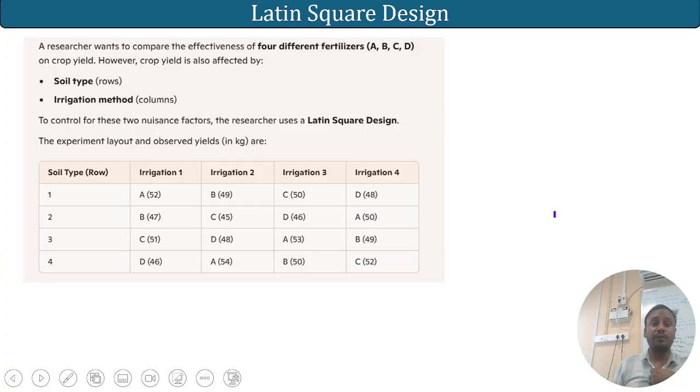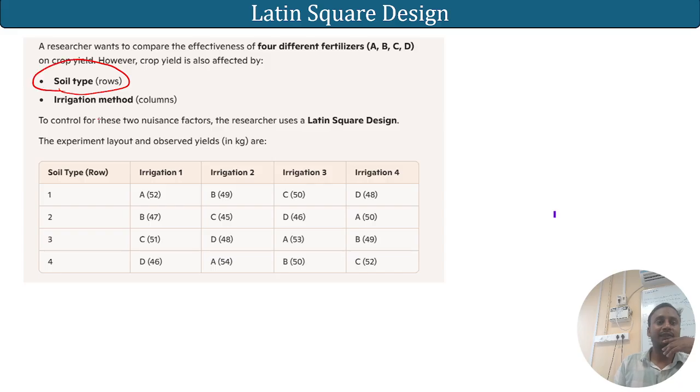So now we have the problem of Latin square design. In that, we have the soil type and irrigation method. So what we'll do? We'll start with the grand total.